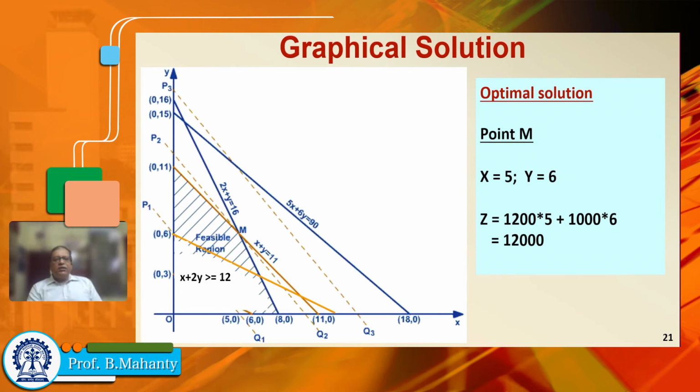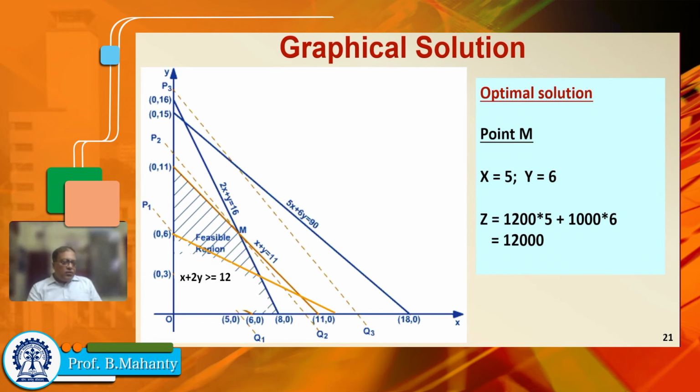If you evaluate point 6, we get 1200x plus 1000y. That means point 6 would return 6000 only. All right, point 11, how much will it return? 11,000.